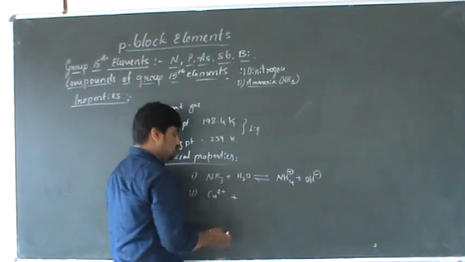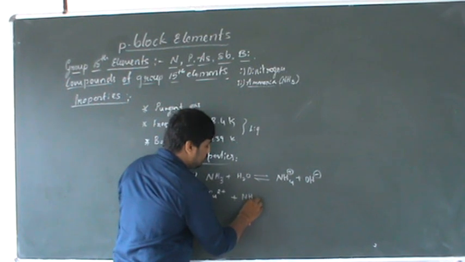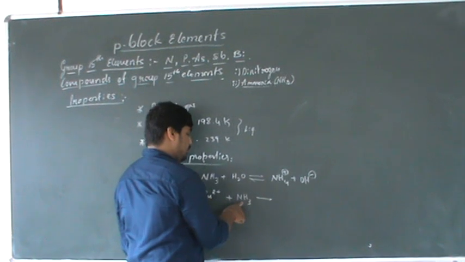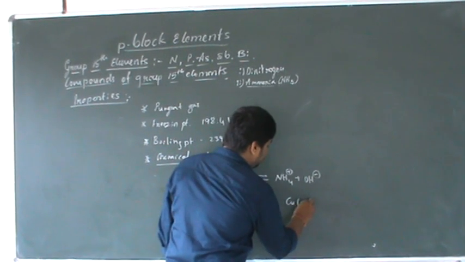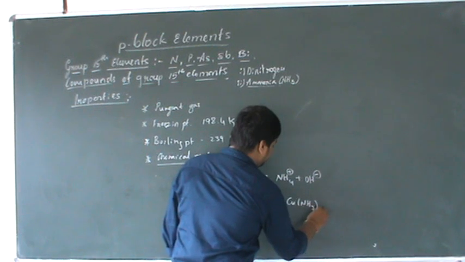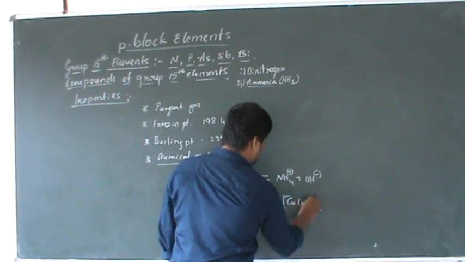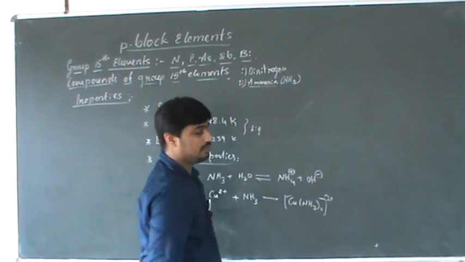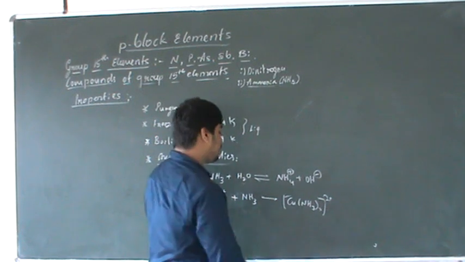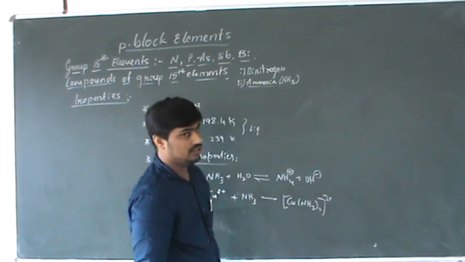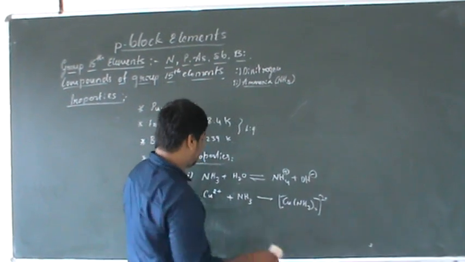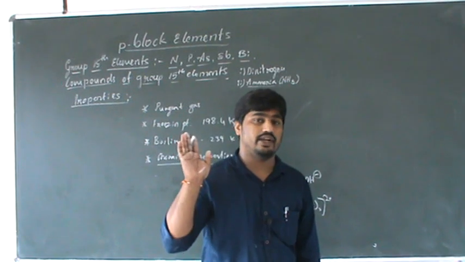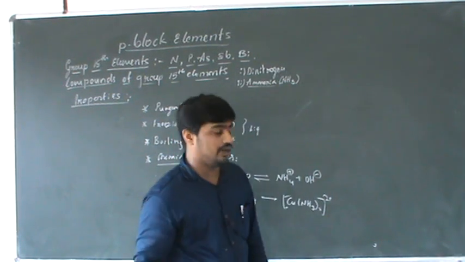Copper solution is made to react with ammonia. Suppose it is sulfate, a tetraammine copper sulfate is formed. Okay, it is a complex, a blue color complex is formed. Okay, it's important. Ammonia is easily reactive with the solutions of copper and forms the corresponding complexes.